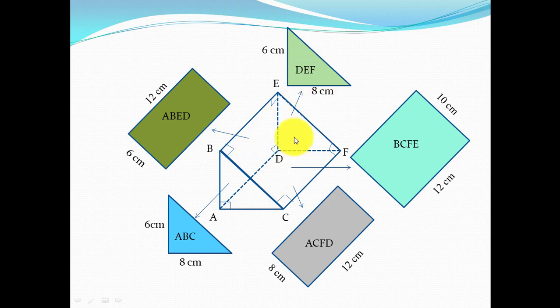So this prism has five sides, and so the total surface area is equal to the sum of these 5 surfaces.